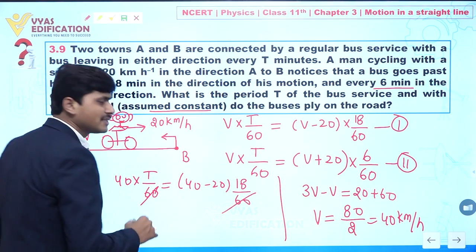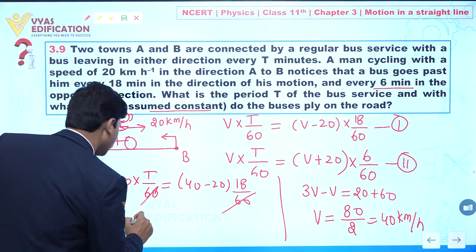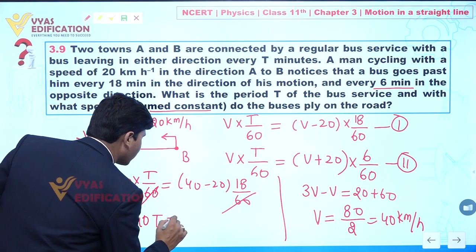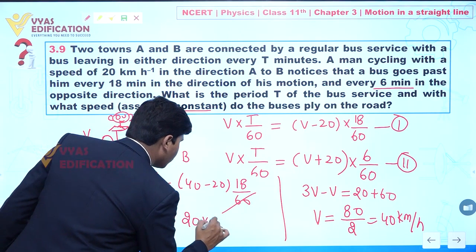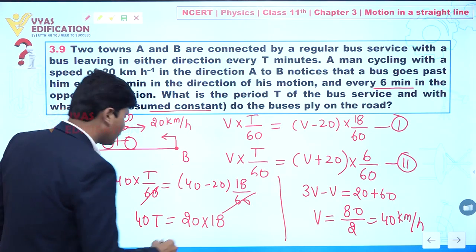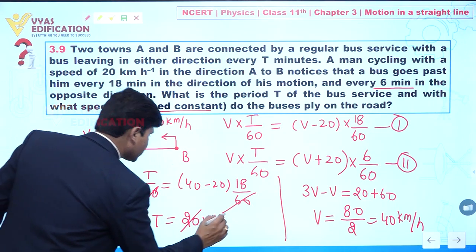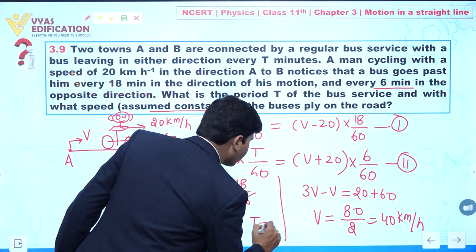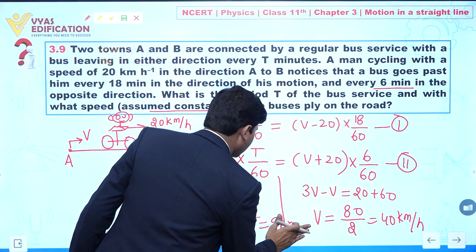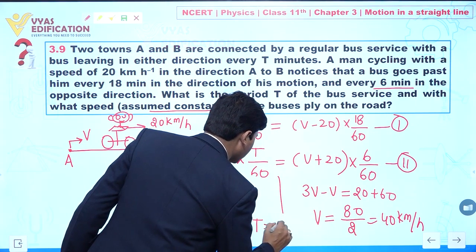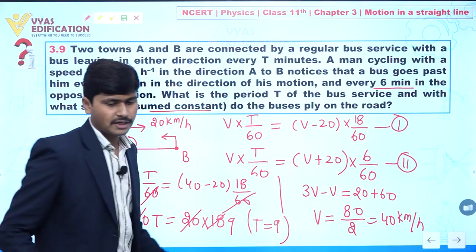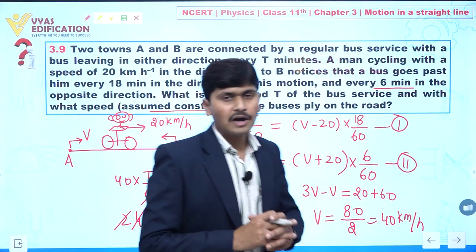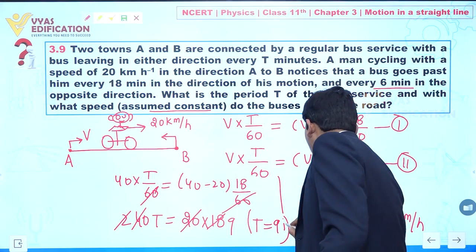The 60s cancel out, clear. So 40T equals 20 into 18. From here this is 2, this is 9, so T equals 9. So from here, the T value is 9 minutes.